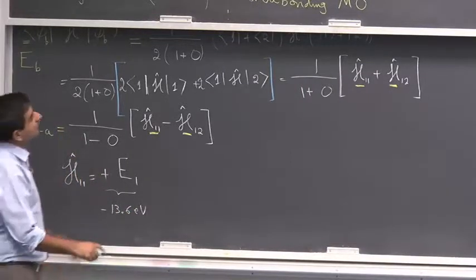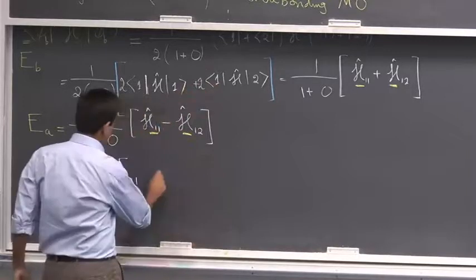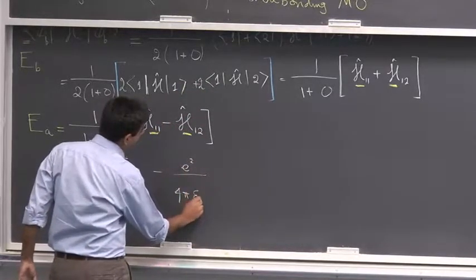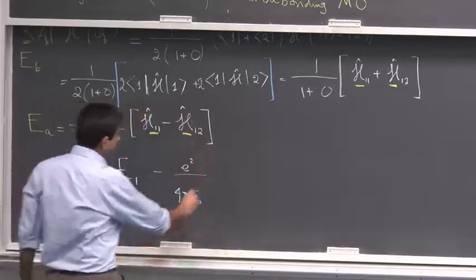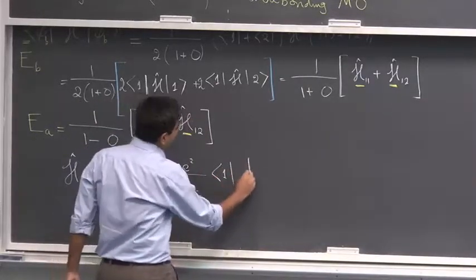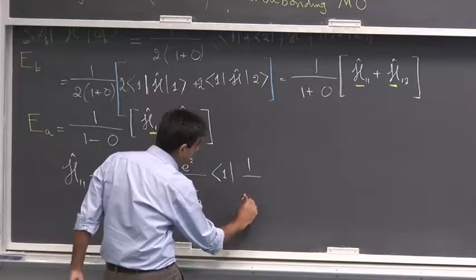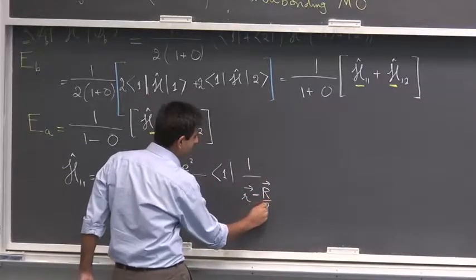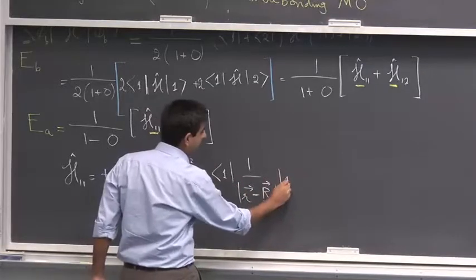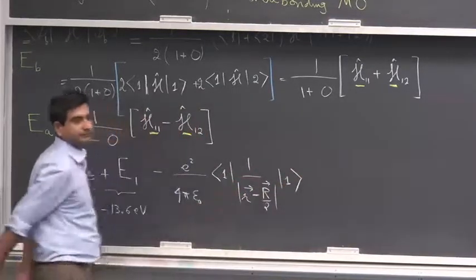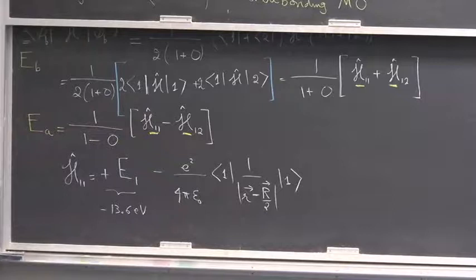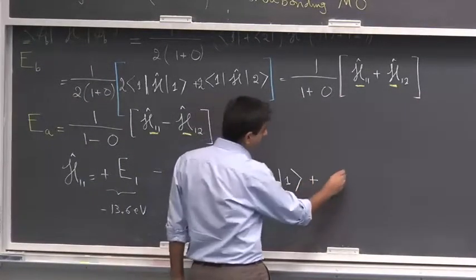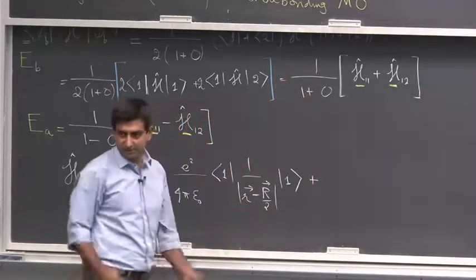Now I need to sandwich the second term, which is minus e squared over 4 pi epsilon naught: bra 1, 1 over |r minus R/2|, ket 1. Plus, now capital R is a constant.